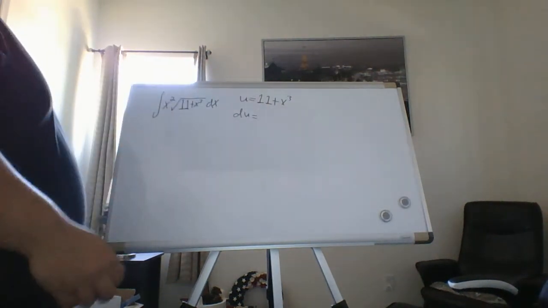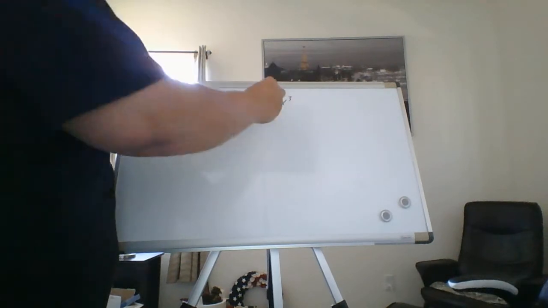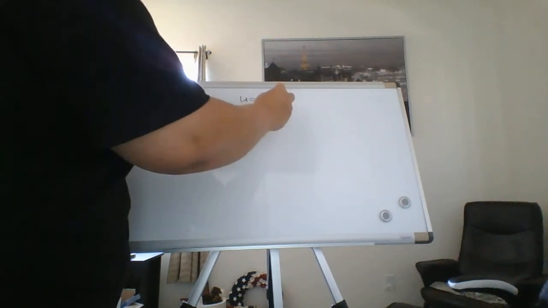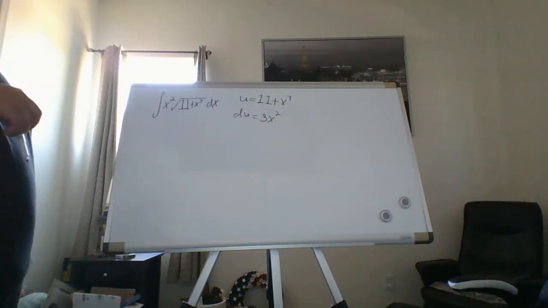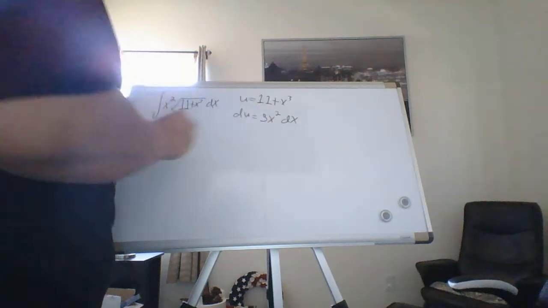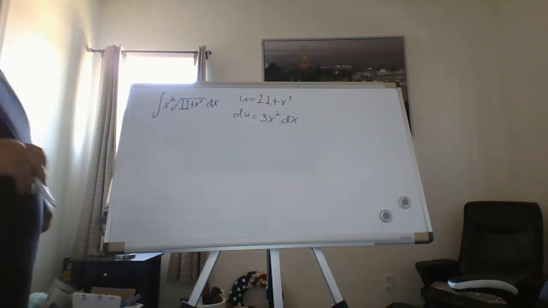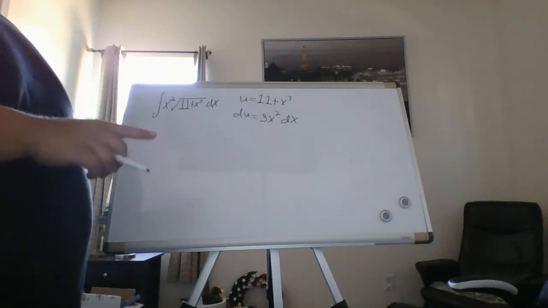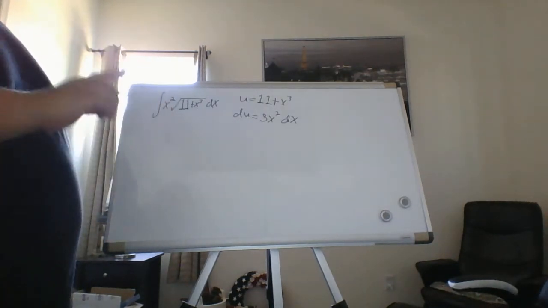Just use the power rule. We take that 3 and put it in front of the x, and then we subtract 1 from the power, giving us 3x squared. And then we put dx right next to it. Easy.